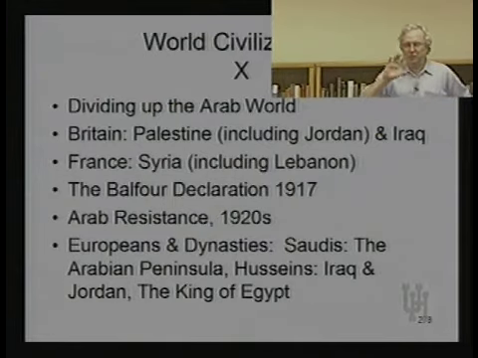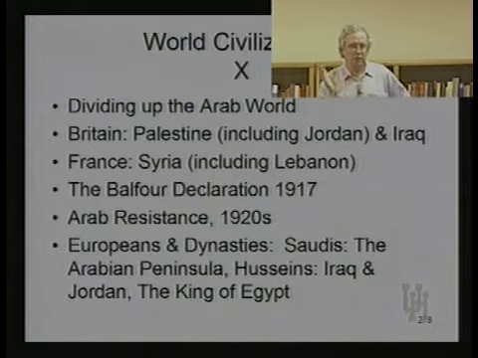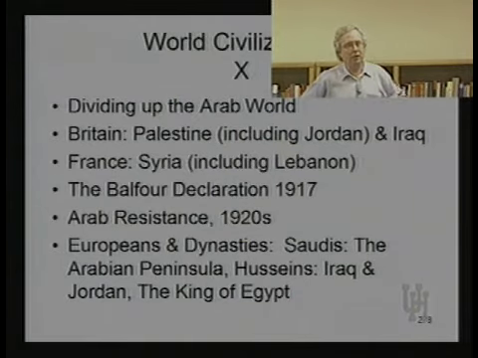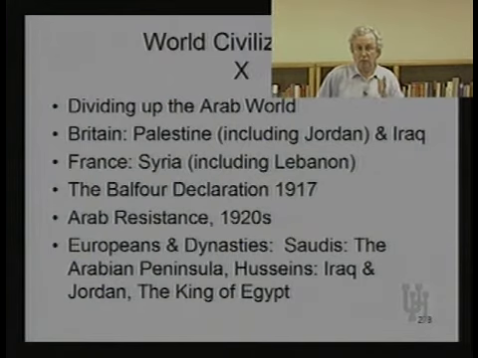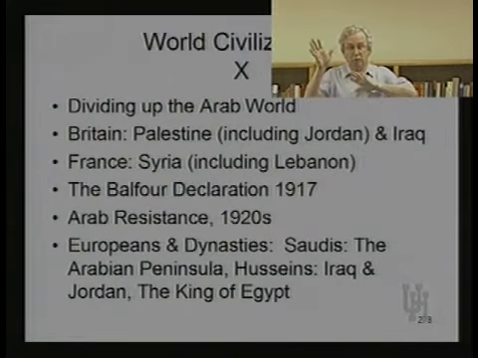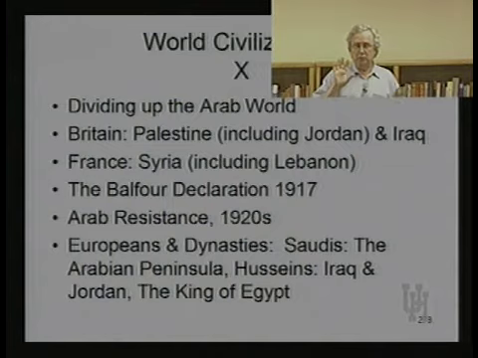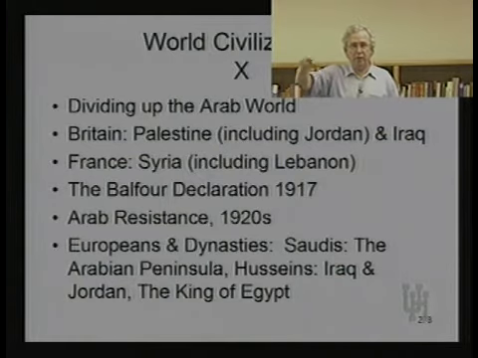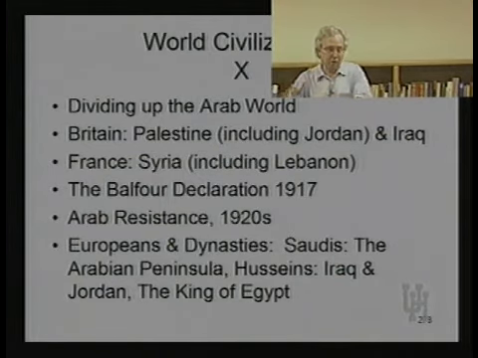We won't get into the reasons, Balfour didn't do this because he wanted to be nice to the Jewish population. He had political reasons for doing it, but we won't get into those. But this becomes another critical element, that the Europeans are not only going to create essentially dependent states that they are going to govern, in effect, as they divide up the Ottoman Empire, they're also going to set the goal of creating a Jewish state within the Middle East.